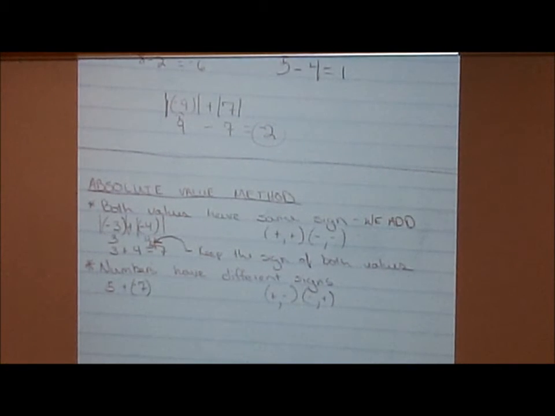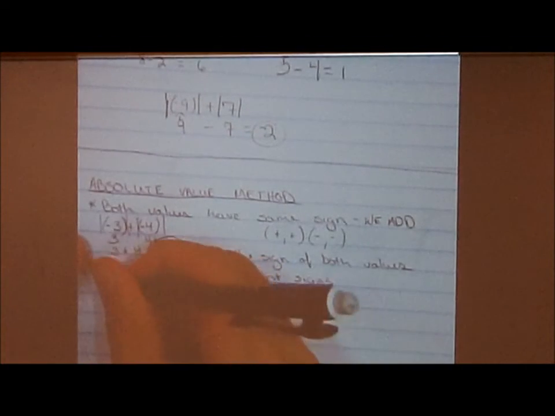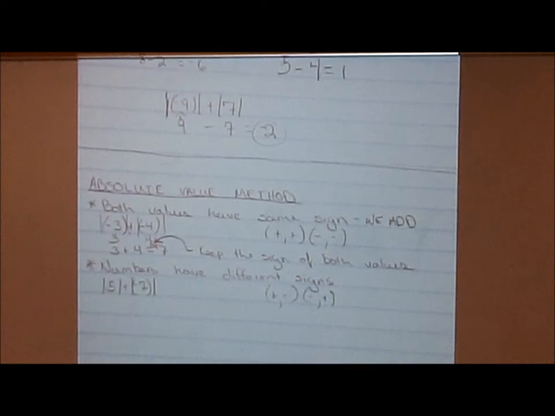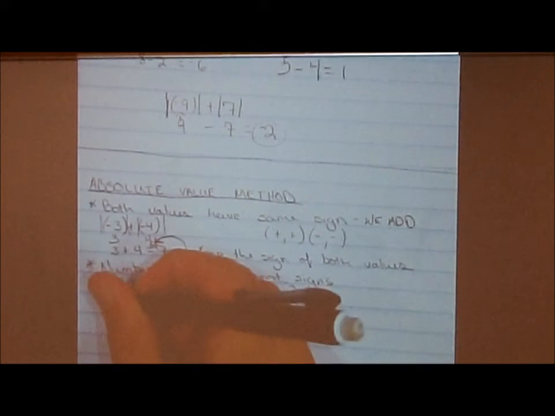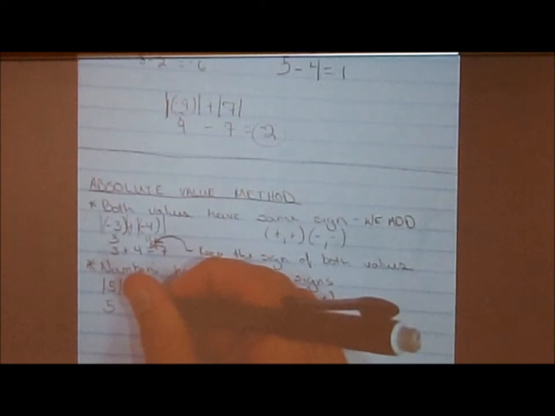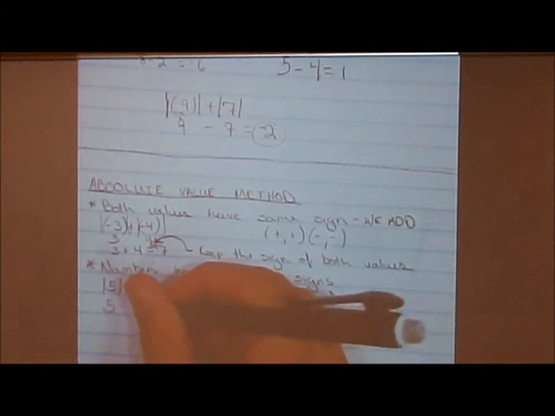What do I do? Absolute values around both. Okay? Absolute value of 5 is? The absolute value of -7 is? Can absolute value ever be negative? Why not?